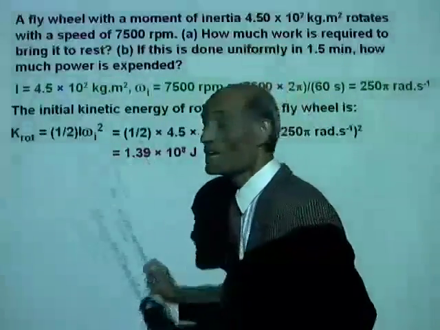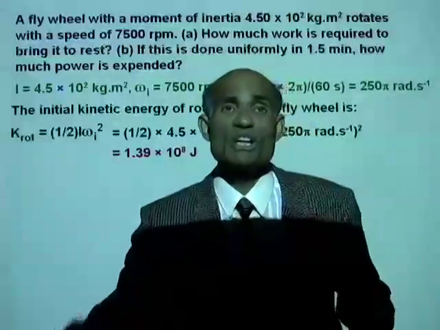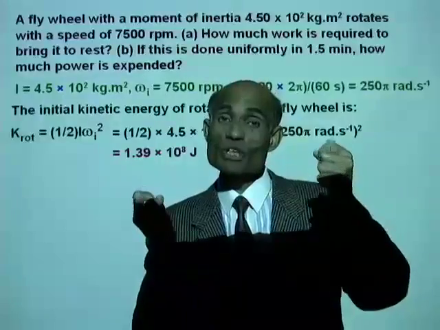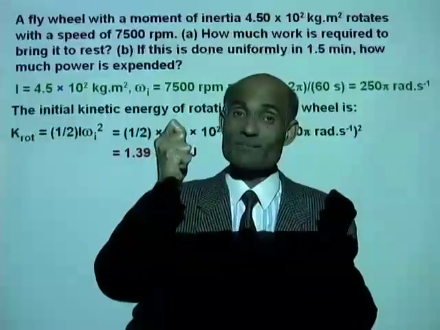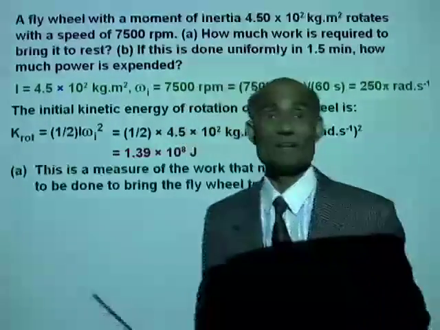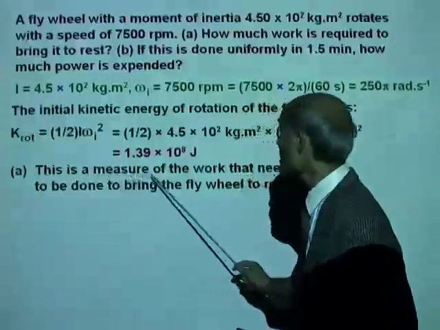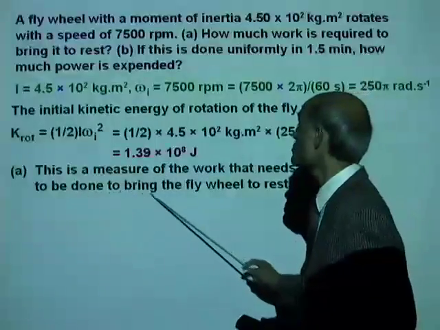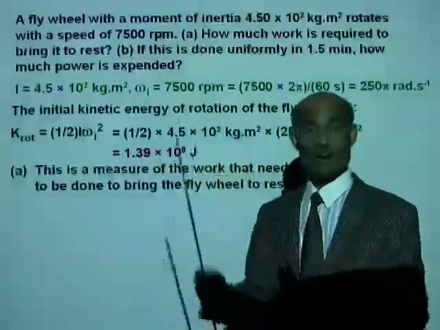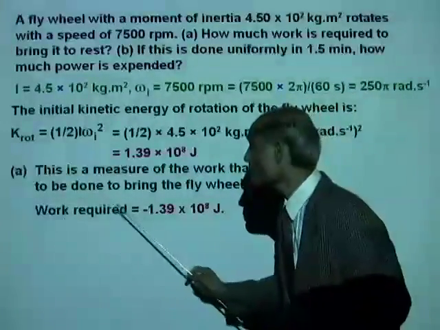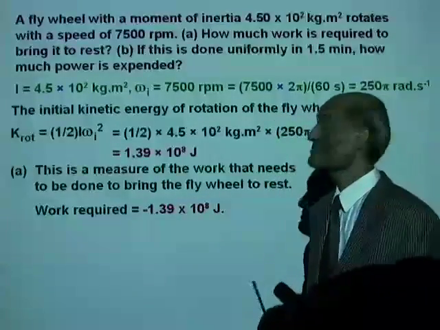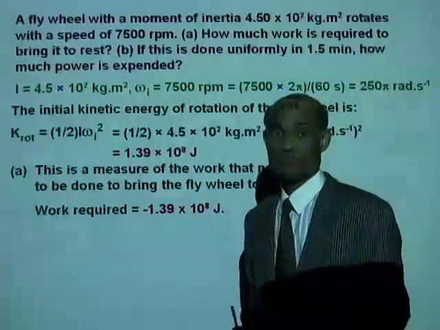Now, this is the amount of kinetic energy the wheel now has. What is the amount of work you need to do to bring it to rest? It is the opposite of this quantity. Now, this is a measure of the work that needs to be done to bring the flywheel to rest, but in the opposite direction. So the work required is negative 1.39 times 10 to the 8 joules.